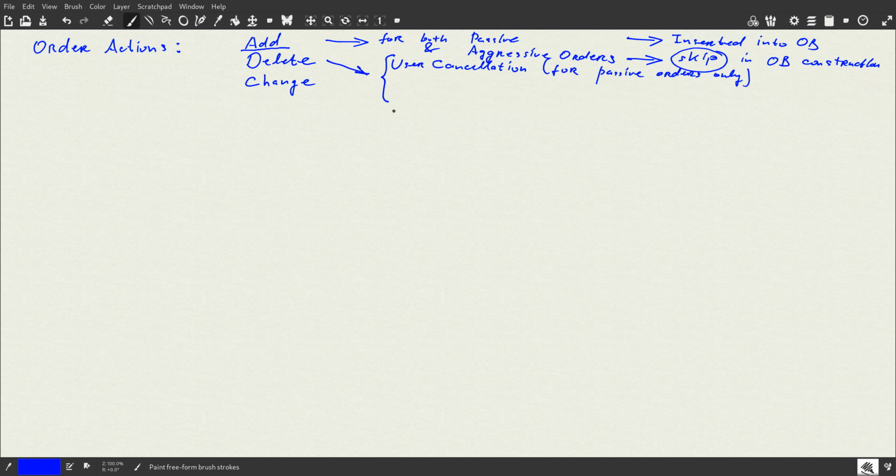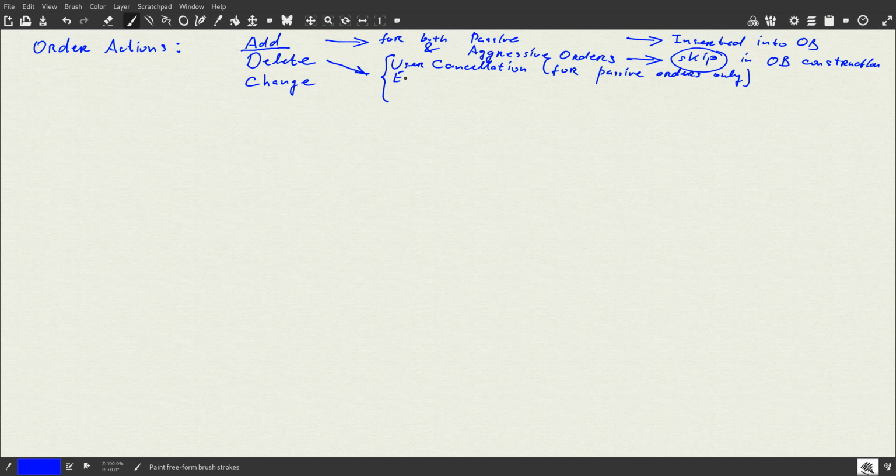Another suggestion was that delete may occur by some system action. Yes, it is possible. Typically this happens, for example, at the end of the session. When we arrive at the final time, let's say 2350, all current orders are removed from the order book.